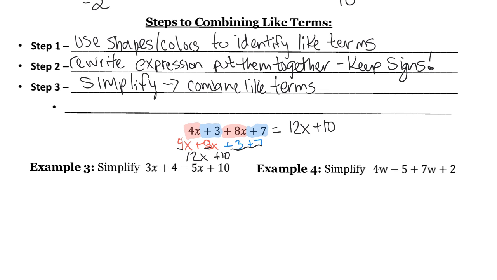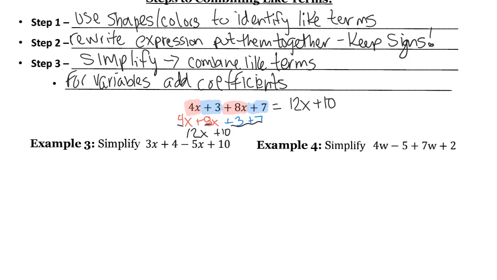And as I said, for variables, all you do is add their coefficients together. Okay, and I said all of that, but just in case you missed it, there it is.